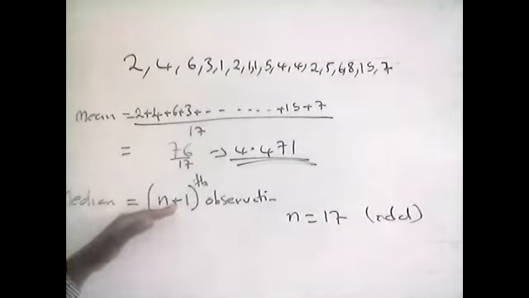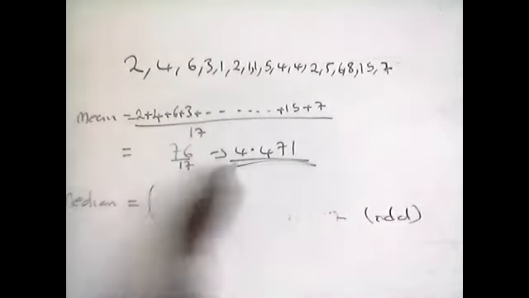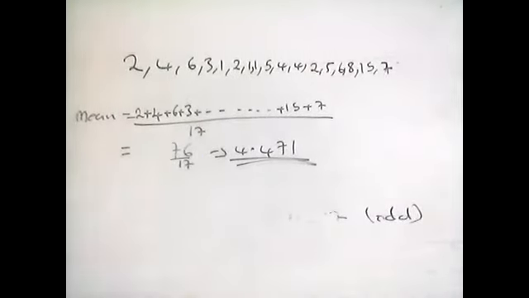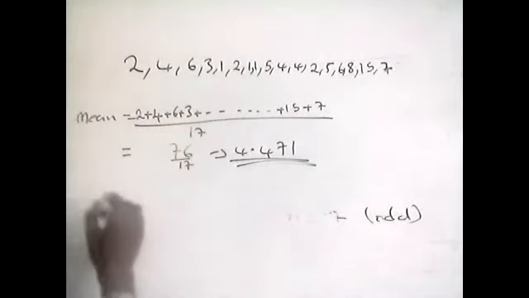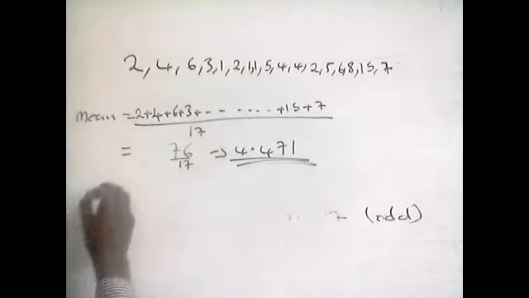But before we do this, it's very important to first arrange our data in ascending order. Arranging in ascending order, the lowest number is 1. How many ones do we have in the data set?